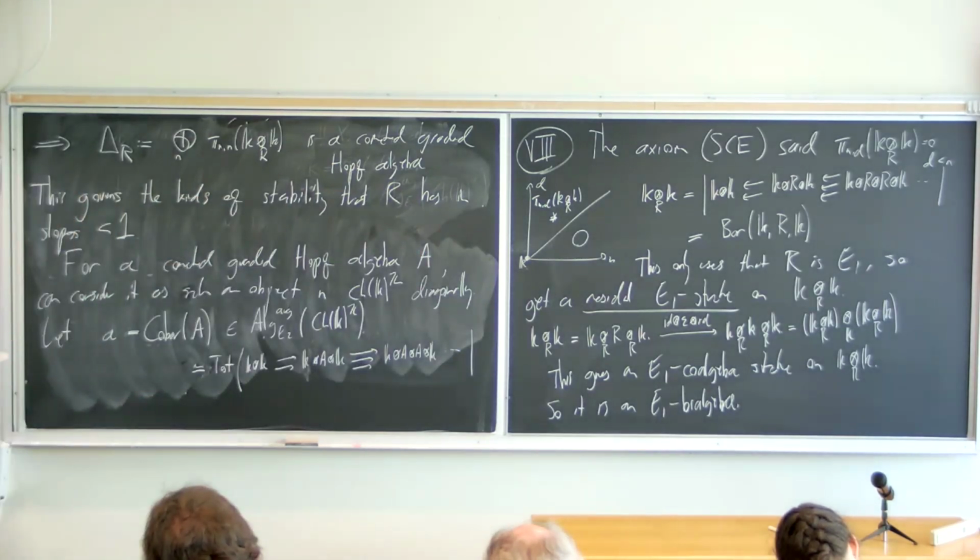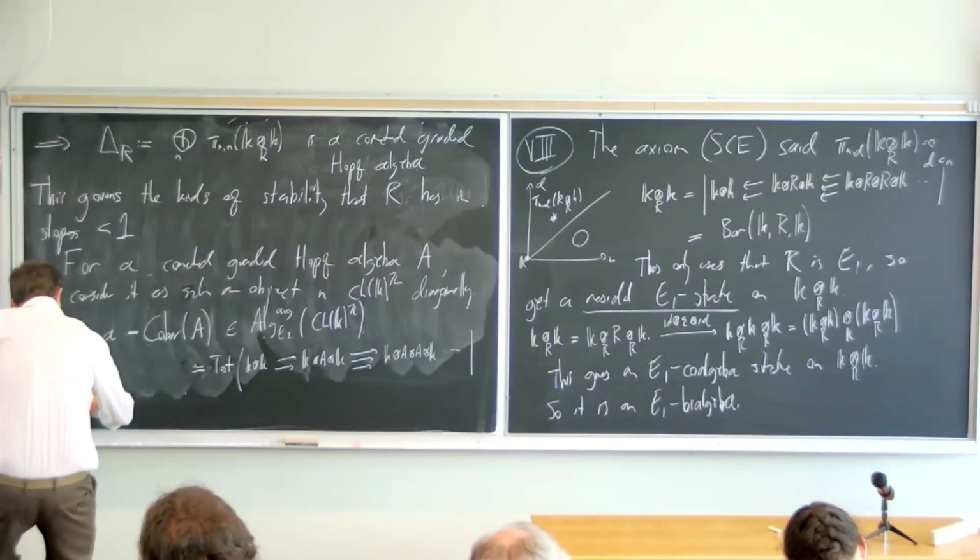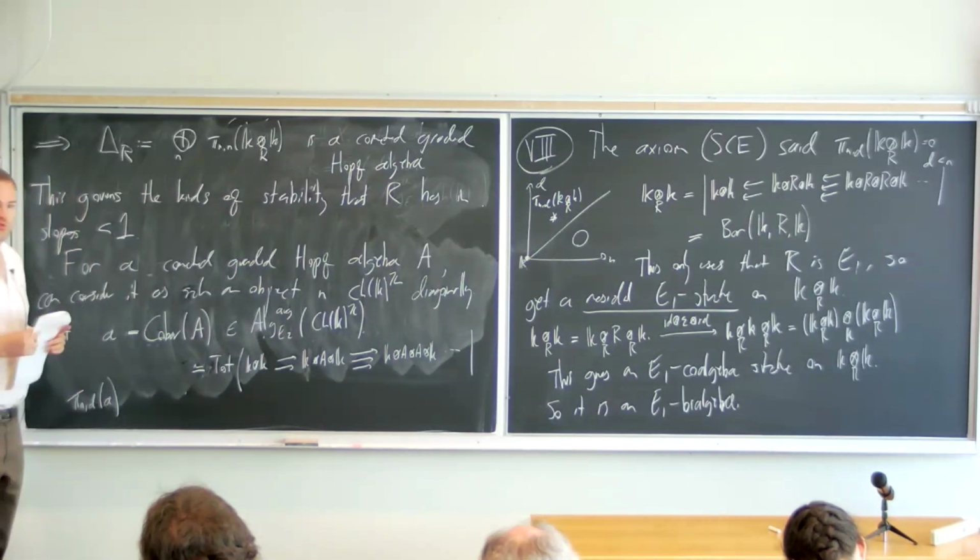That's what cobar means. And by definition, the homotopy groups of this have a name. Pi n d of this object, they are Cotor of the Hopf algebra capital A.